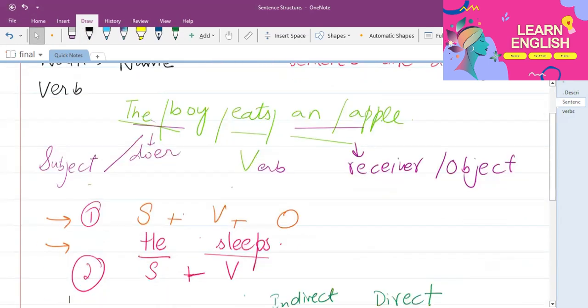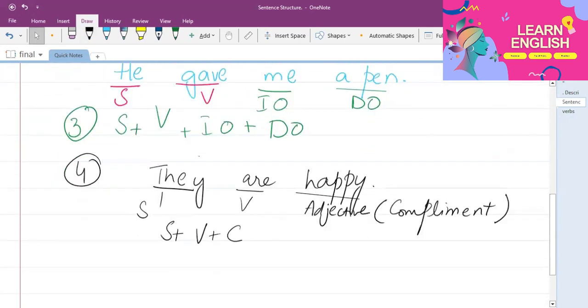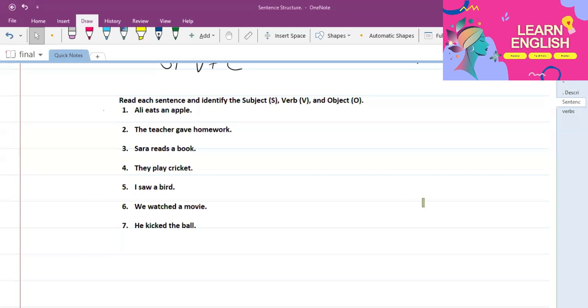Now we will be moving on towards a small exercise for you. So I have a few sentences written for you over here. Your task is to identify subject, verb, and object in these sentences. So I'll be using yellow for the verbs, red for the subject and blue for the object. Let me quickly revise the concept for you.